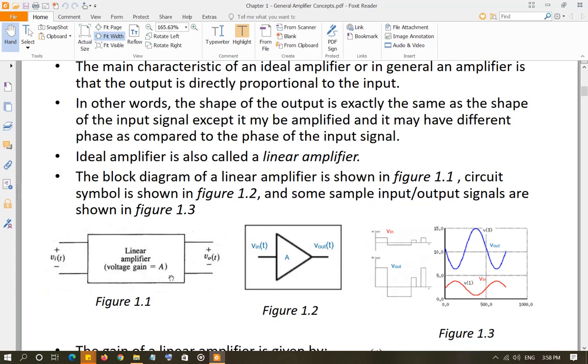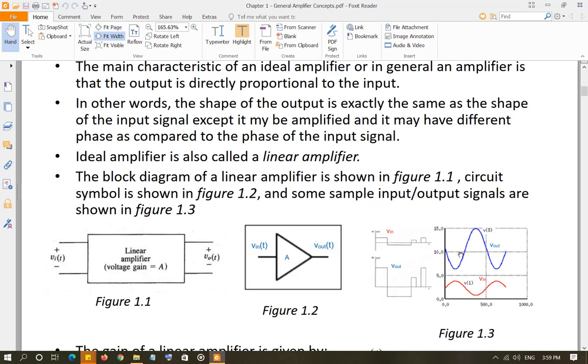As you can see, there are two figures over here, and in both figures this is the input, for example, and this is the output. Input and output shape is the same, but each value of the input is being amplified by a factor to produce the output. Likewise, in the figure where you have a sinusoidal signal, observe that the output, which is blue, is amplified with respect to the input.